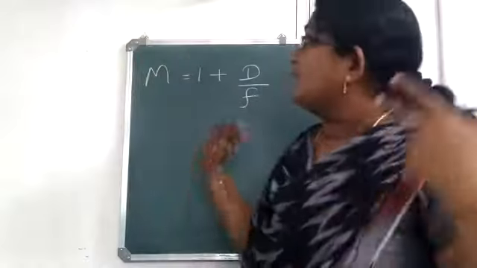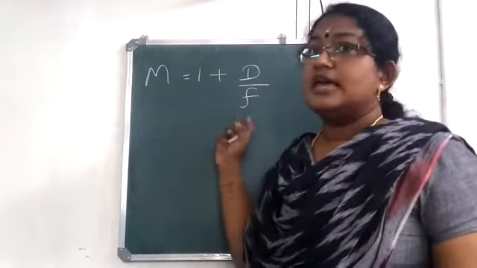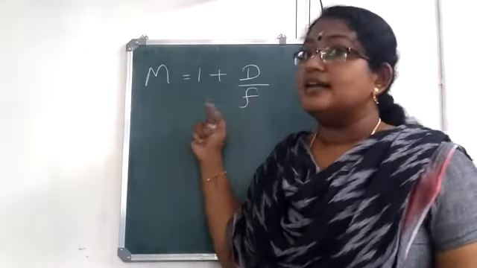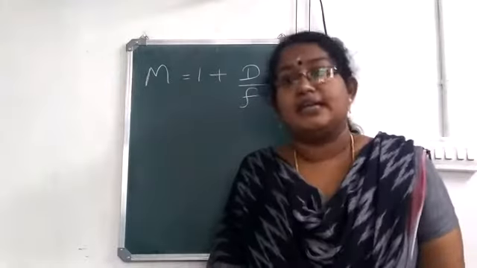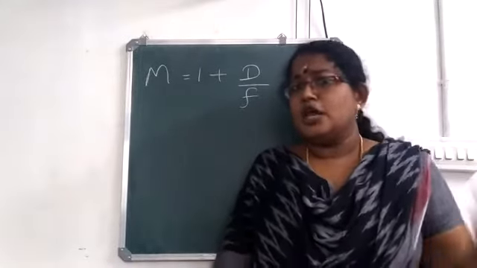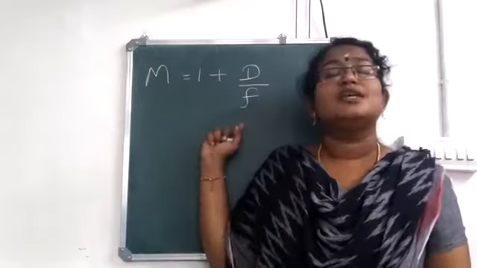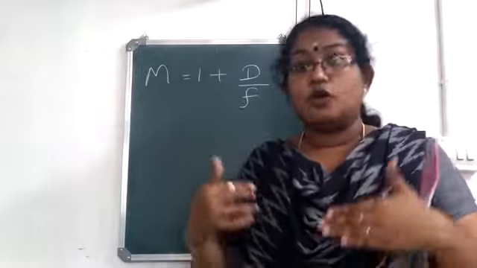Now, how can we increase the magnifying power of a lens? Here we have the focal length in the denominator. So if you reduce the focal length, then the magnifying power can be increased, or by using a lens with short focal length.